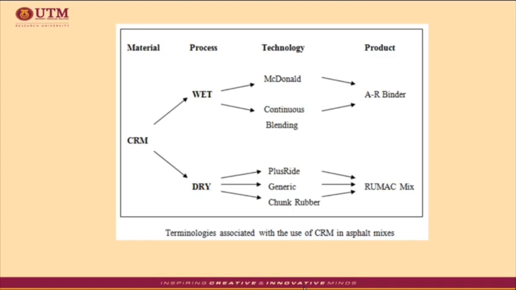The end product of this method is termed asphalt rubber. In the dry process, the rubber is first blended with hot aggregates before it is intimately mixed with asphalt binder. This process essentially modifies the gap-graded mixture, to which crumb rubber is added to substitute a portion of the aggregate component.